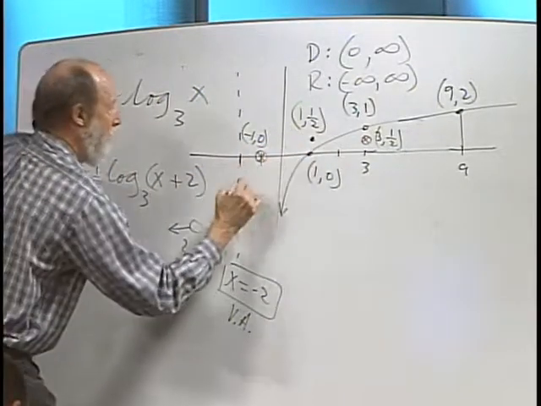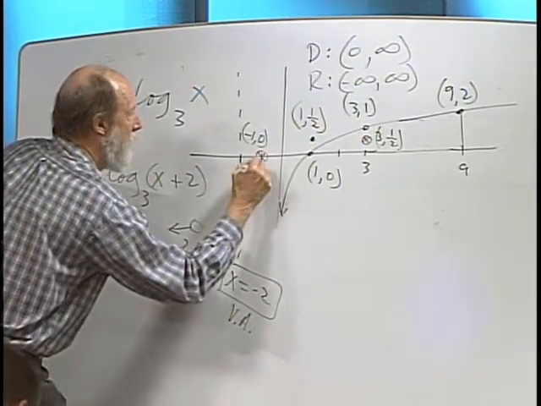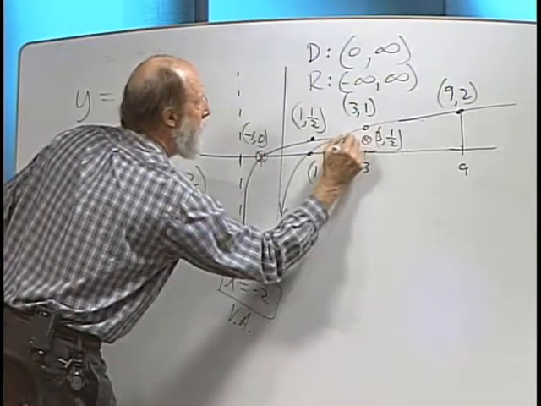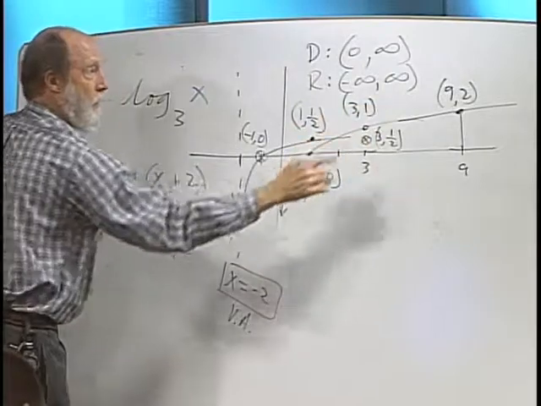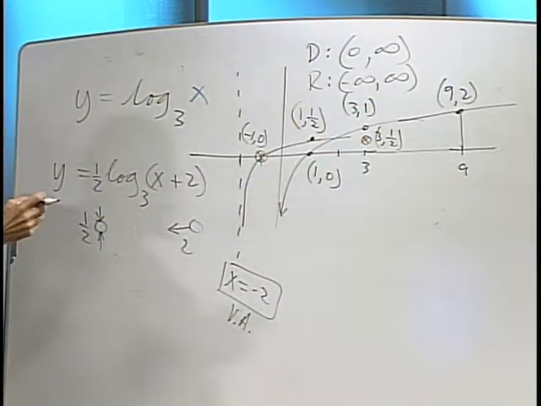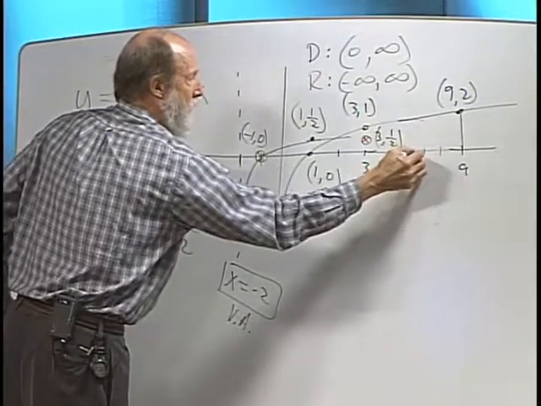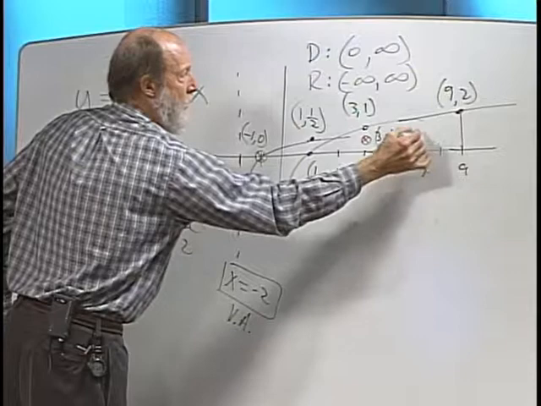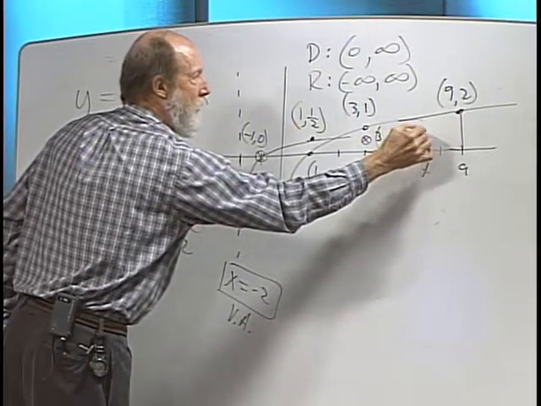So this graph is going to have similar character, and it goes out looking like that, doesn't it? And if I went out to 7, it would be up at 1, wouldn't it?